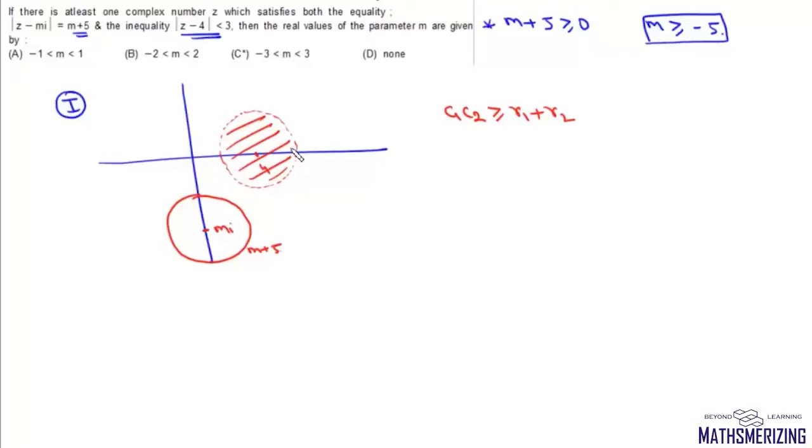Now what's C1C2? C1C2 is under root of 16 plus m square, and it will be greater than or equal to m plus 5 plus 3, which is m plus 8. So it will be 16 plus m square greater than or equal to m square plus 64 plus 16m. Now this m square will cancel.